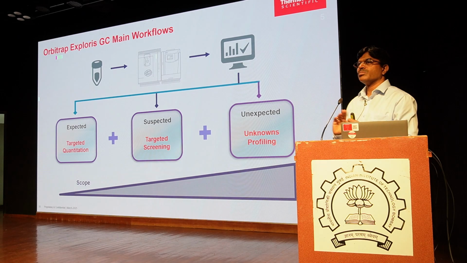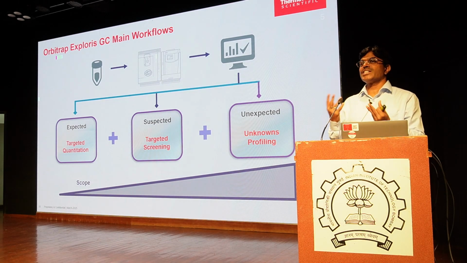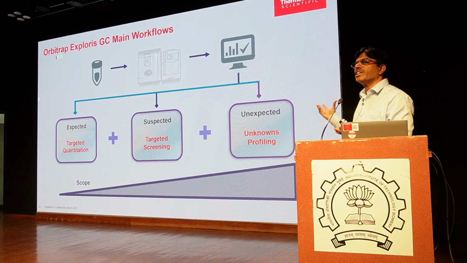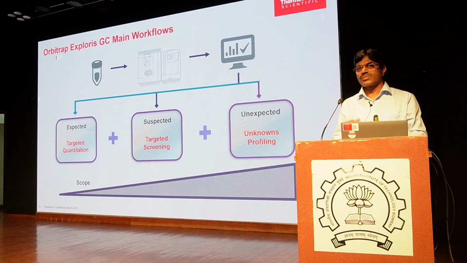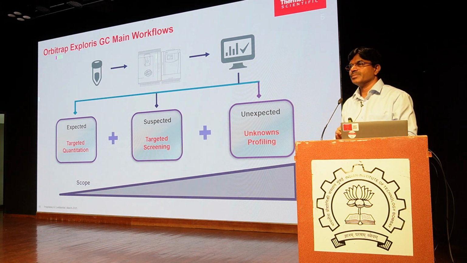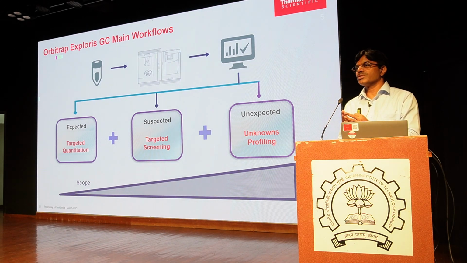And then totally unexpected compounds, where you don't know anything, an unknown profile. So in just one injection, I can find out all 3 of them. That's the power of high resolution: expected, suspected, and unsuspected.